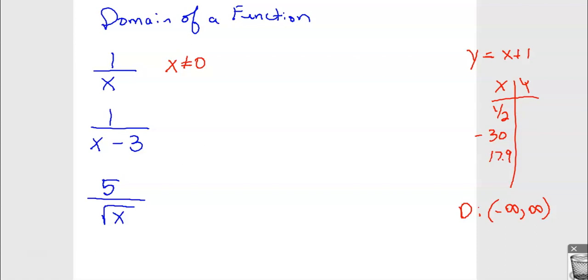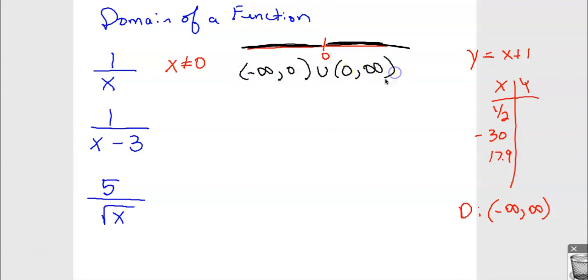So as far as the interval notation, think of a number line. Here's 0. It can be any number to the left of that. It can also be any number to the right of that, but it cannot be 0. So that's negative infinity all the way to 0, and then 0 all the way to infinity. So it's every single number except for 0.